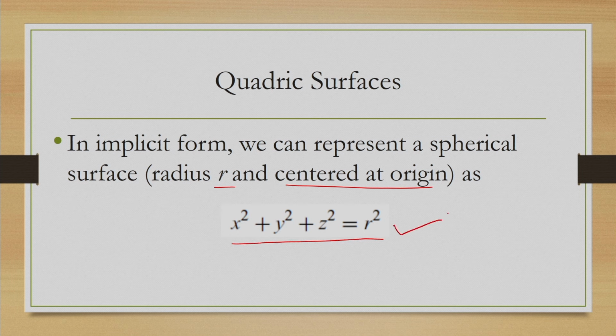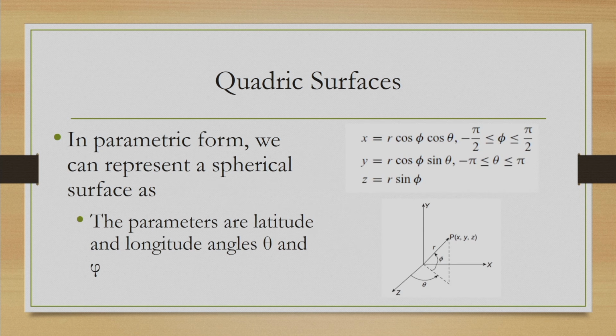So, this equation we can use for implicitly representing a sphere. The same sphere can be represented parametrically also using this form, where the angles theta and phi are the parameters which represent the latitude and longitude angles as shown in this figure.